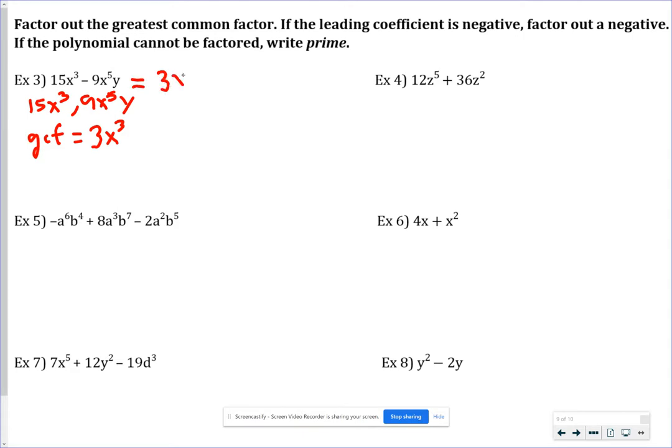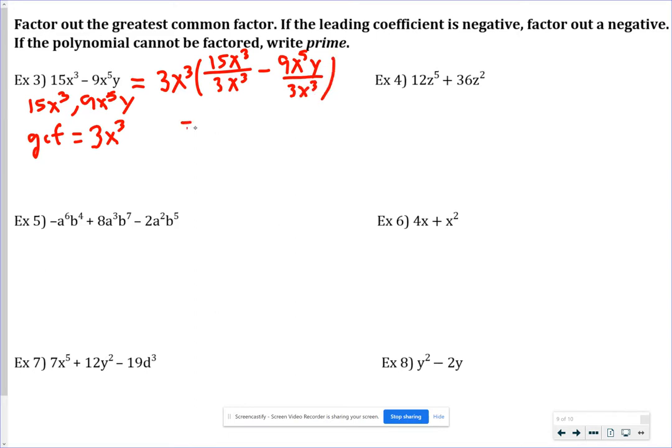We take our GCF, we write it down, and we're dividing it out. So we need to figure out what's left over after we divide out the 3x to the third.